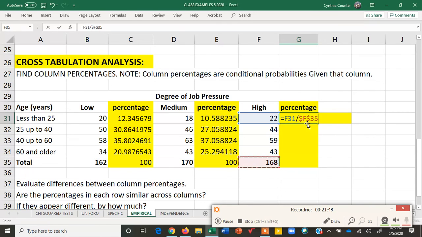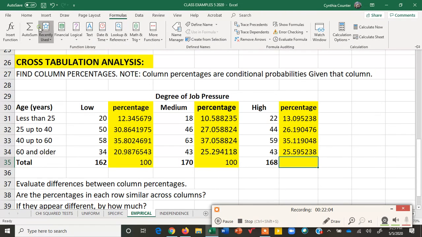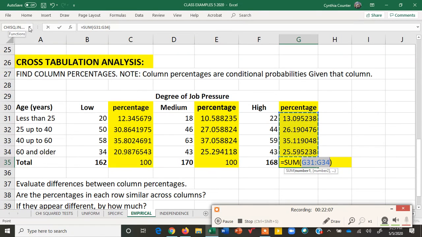There we go, to get the dollar signs, and then multiplying by 100, 13.09%, copy that down, 26.19, 35.119, 25.595, should add up to 100%, and it does.